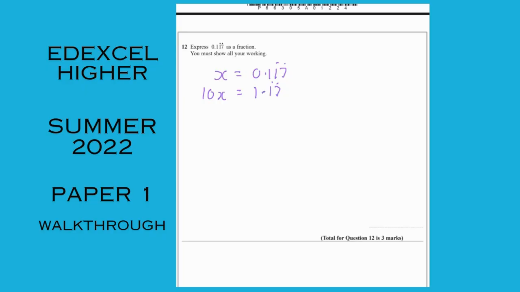And we want to line them up again so that it ends in exactly the same. And because it recurs every 2 digits, we need to multiply by 100. So we go straight to 1000x. We do our old giant takeaway, bottom minus the top.